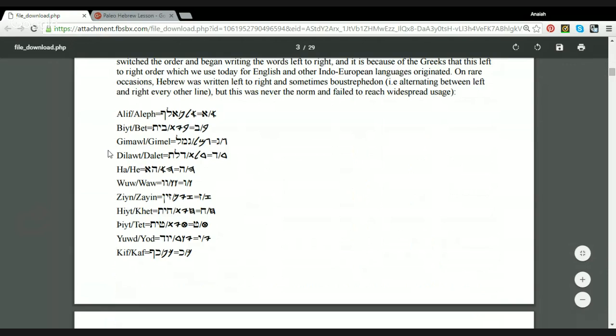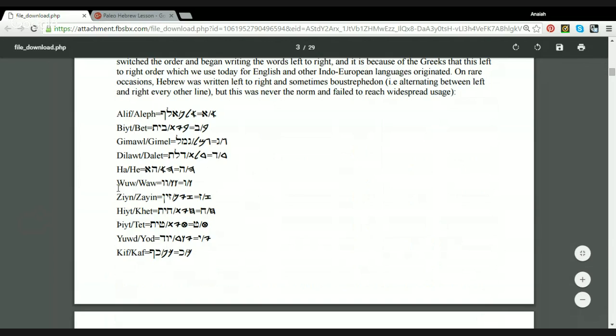Gimal, and you can compare Aleph versus Aleph, Beat versus Bet, Gimal versus Gimel. You can hear it sounds very similar. Here's Dilat versus Dalet, I have it as ha versus hey.